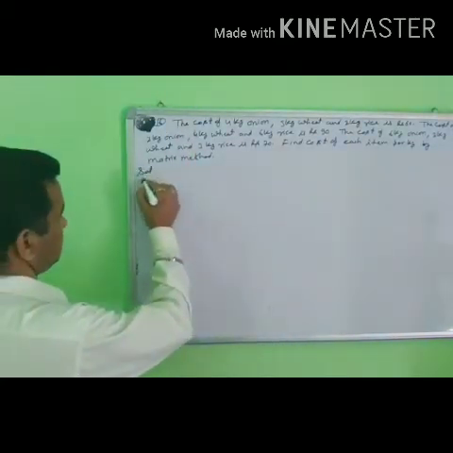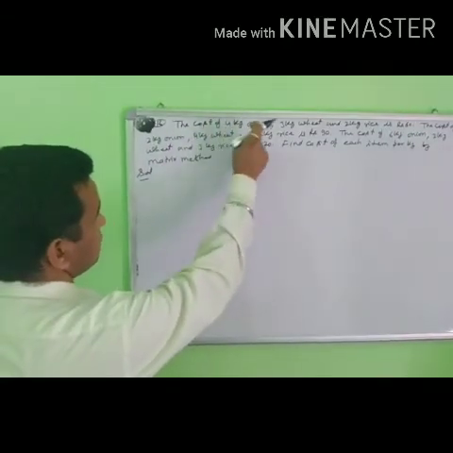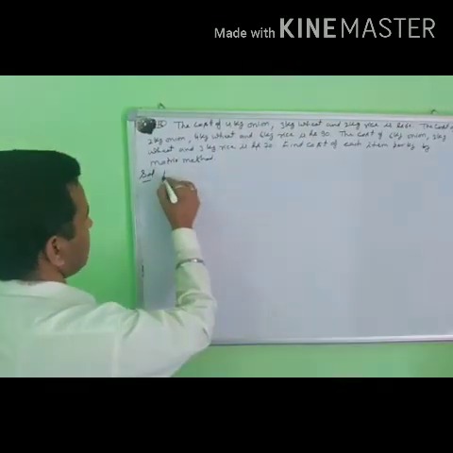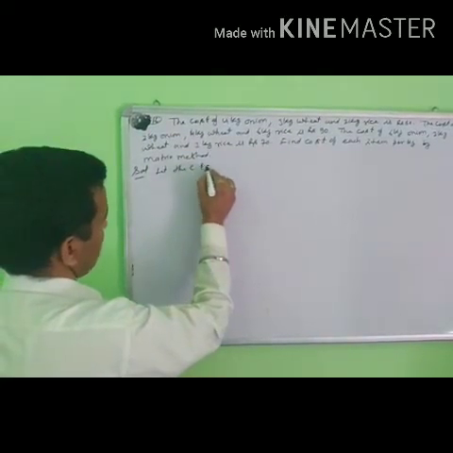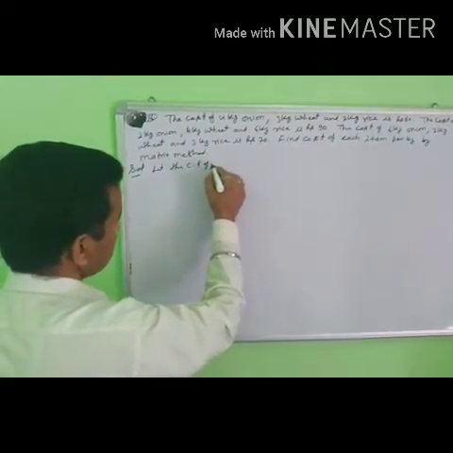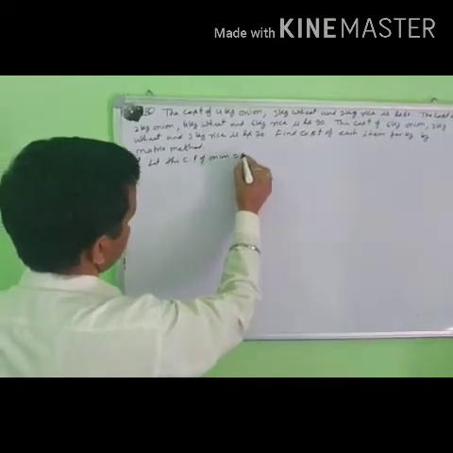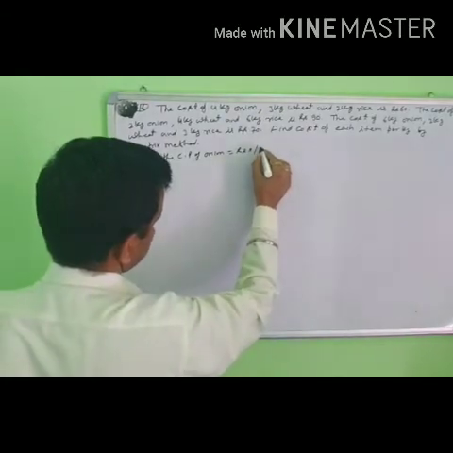First, which are the 3 variables? Onion, wheat and rice. Let the cost price of onion be rupees x per kg.